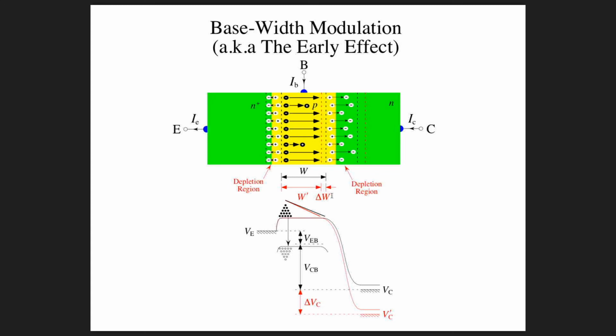This effect was first studied by an engineer at Bell Labs, by the name of James Early. Because he was the person who studied it and modeled it, the effect in bipolar literature is named after him. This is the so-called Early effect, and it's usually spelled with a capital E because it's his proper name, as opposed to early as opposed to late.